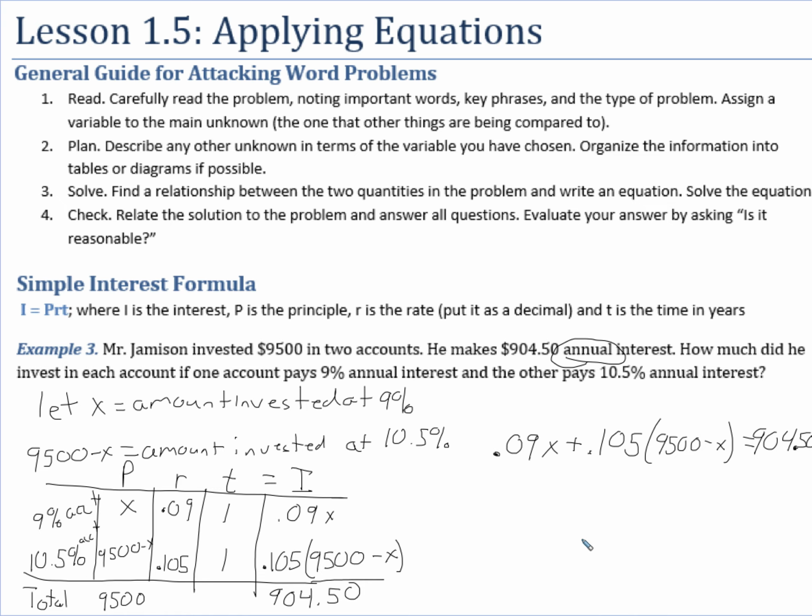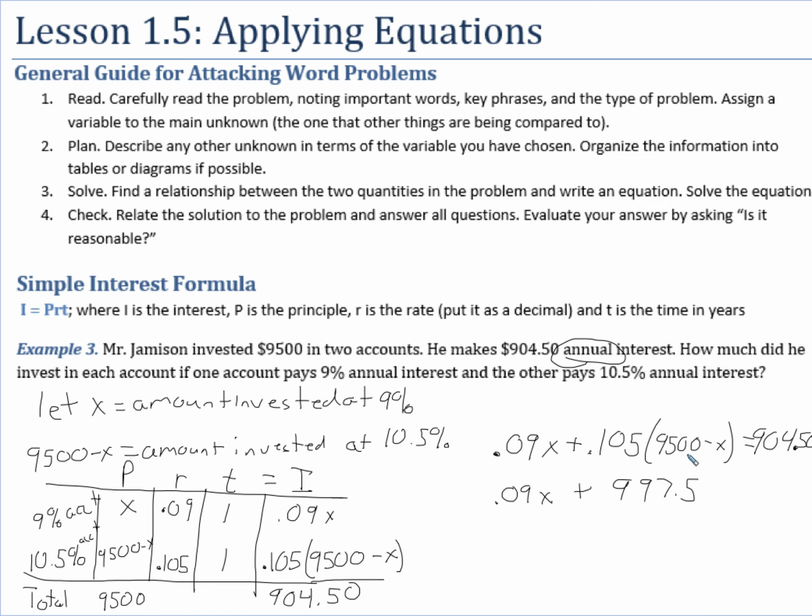So I should say we still have our 0.09x plus, and we're going to take the 10.5% or the 0.105 times 9,500, and that is 997.5.